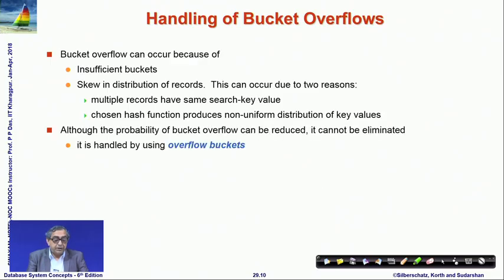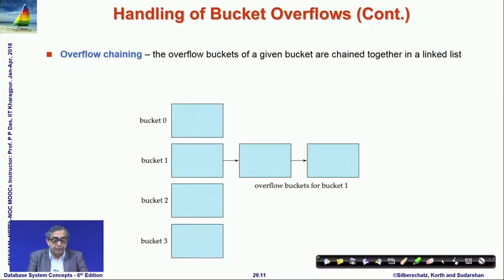So, if that happens, then bucket overflow will happen, and we can try to reduce the probability, but it cannot be eliminated. So, all that you do is to have an overflow bucket, which is nothing but having other buckets connected to the target bucket in a chain. This is called overflow chaining.